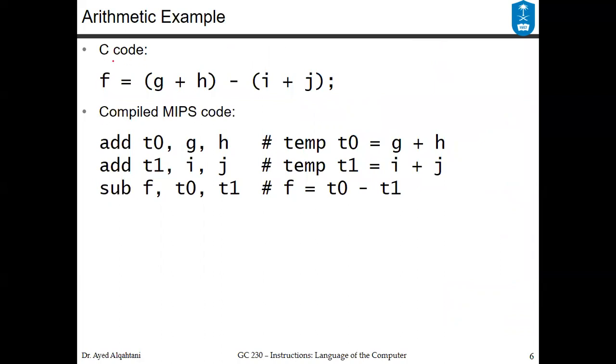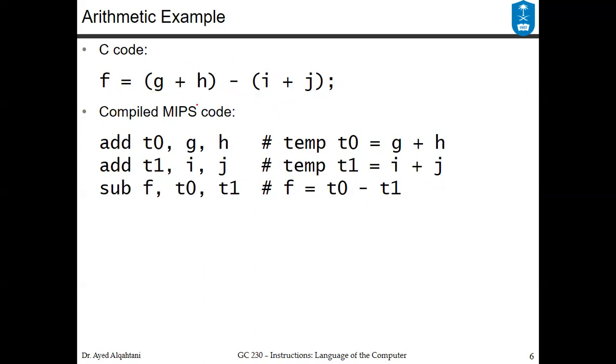That's the code, a C statement. It could also be a Java statement. If you say that F equals G plus H minus I plus J, you know the order of operation: we first get I plus J, get the result, G plus H, we get the result, and then we subtract this from that.